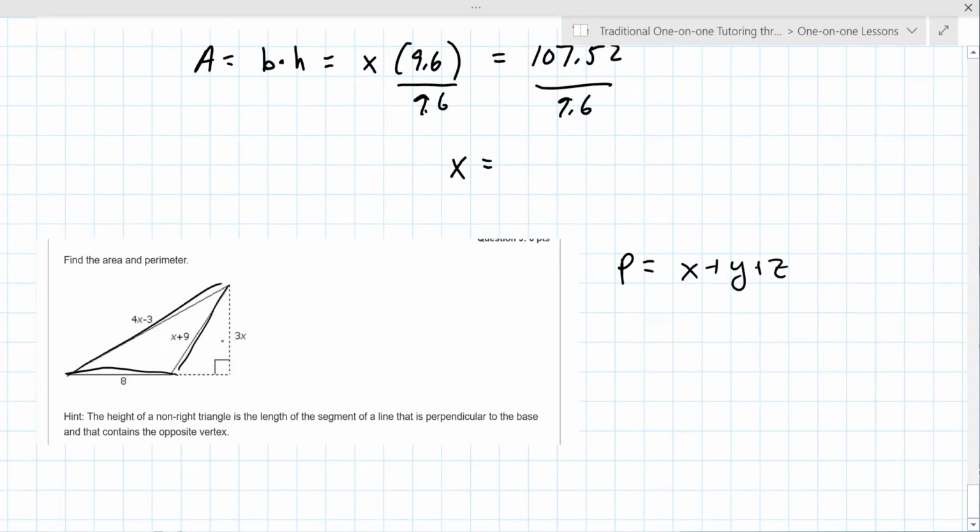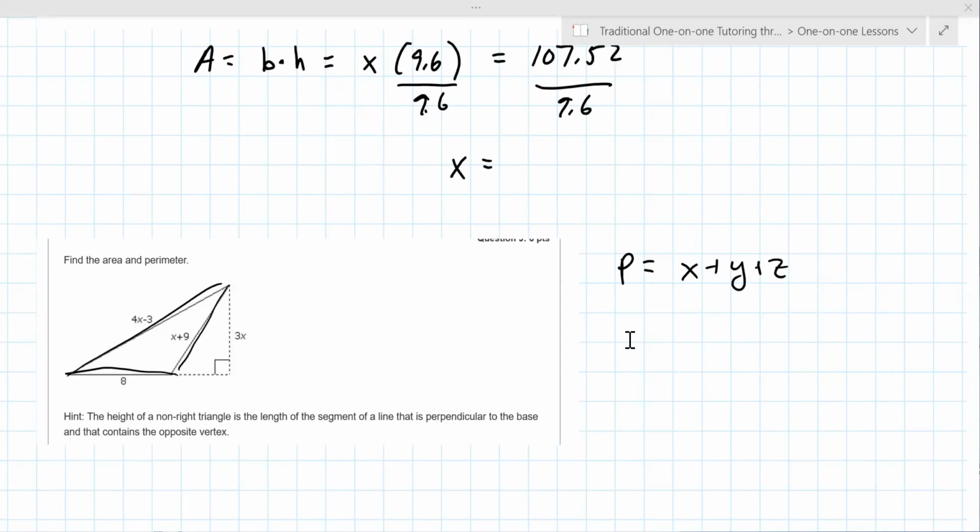So go ahead and give me the perimeter of the triangle, please. $5x plus 14. Good.